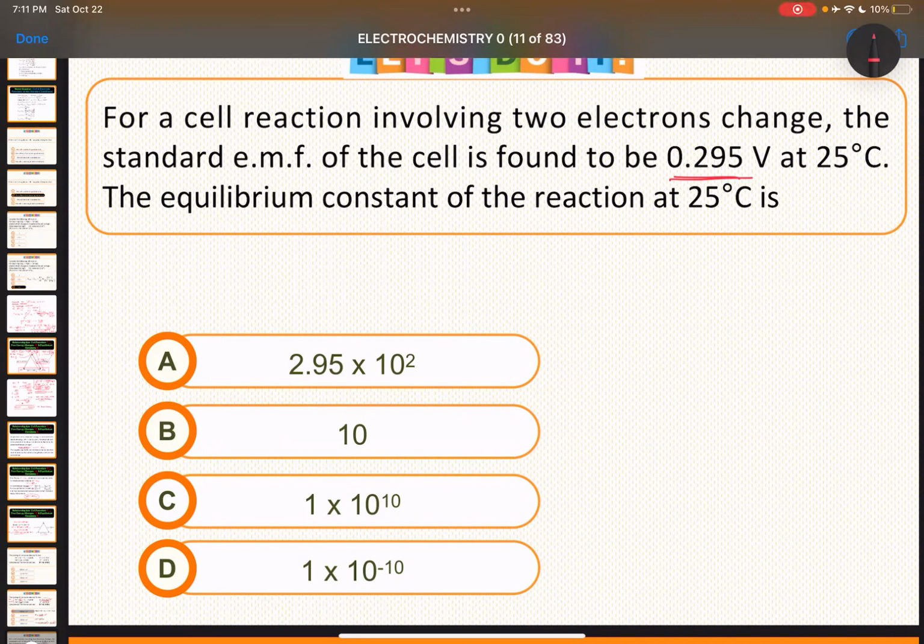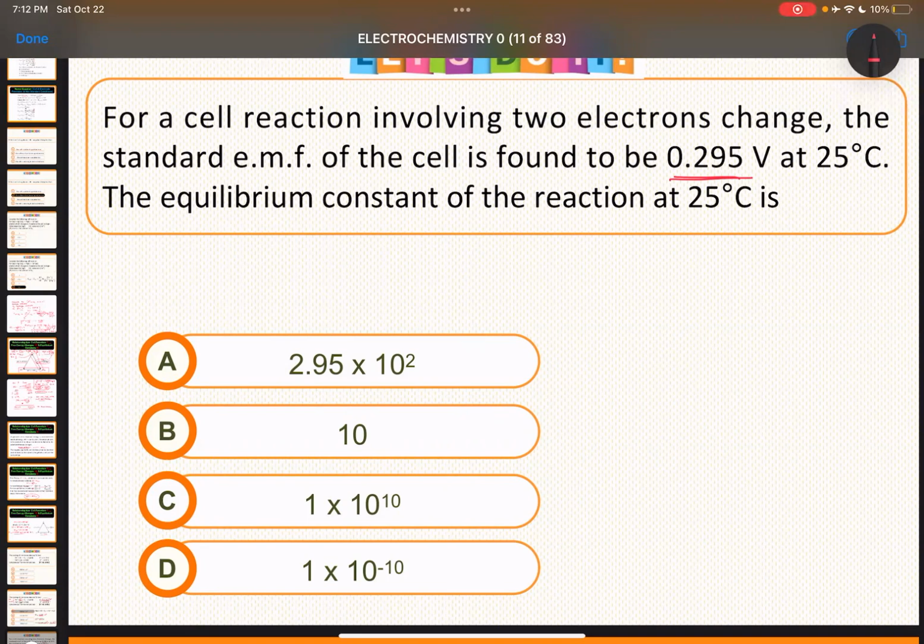So EMF is given at 25 degrees Celsius. The equilibrium constant for this reaction they are asking. So I hope you understood the question.